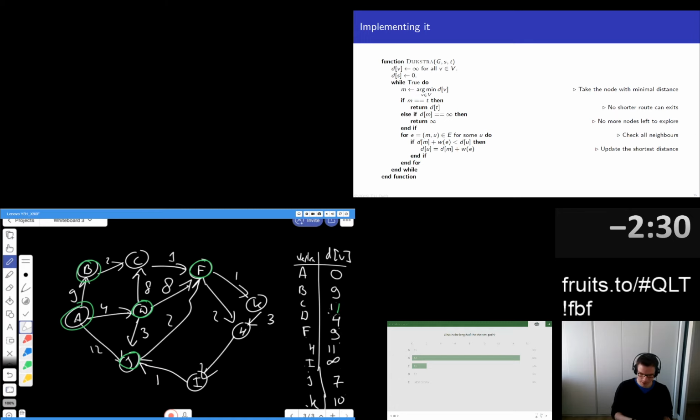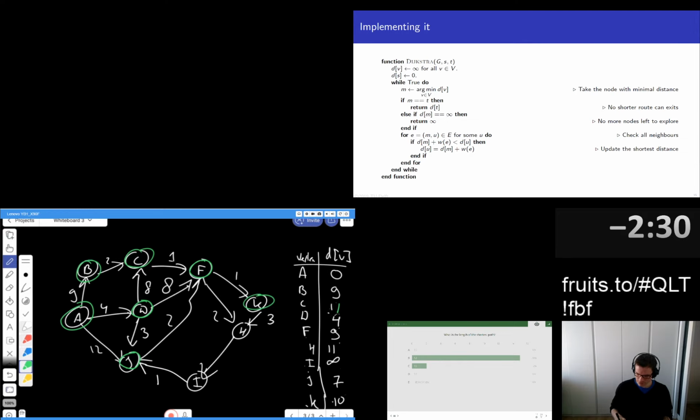Closest one, K. That gives us a path of distance to K plus 3, which is 13, to H. That's not better than 11, so we don't update it. Next closest one, C, gives us a distance to C, which is 11, plus 1 is 12 to F. That's not smaller than 9, so we don't update it.